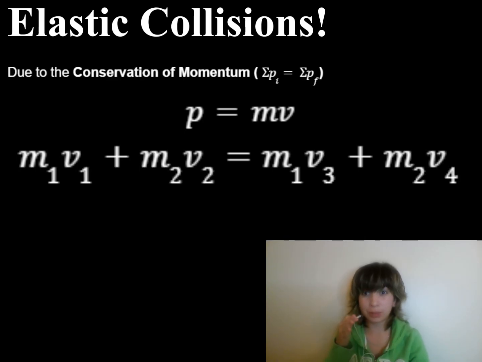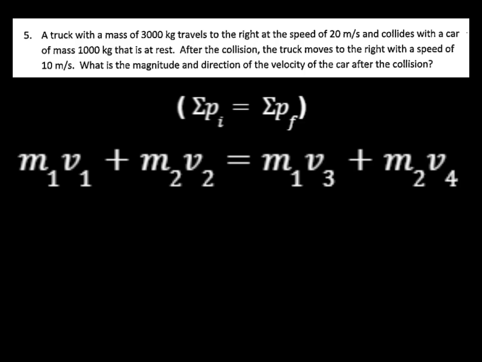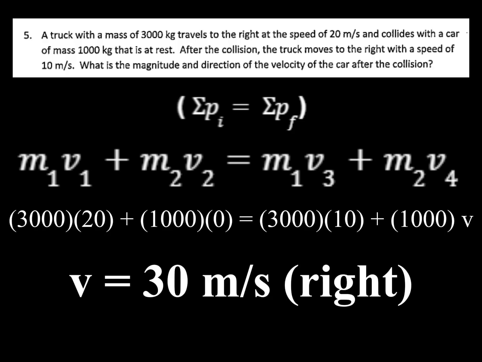And because we're talking about specifically elastic collisions, just remember that the initial energy of the system will equal the final energy of the system regardless of what happens to the velocities of the masses in the problem. So for this problem, we just want to insert our momentum equation and then start plugging in values. And plugging in our values will eventually give us the final answer of 30 meters per second to the right.